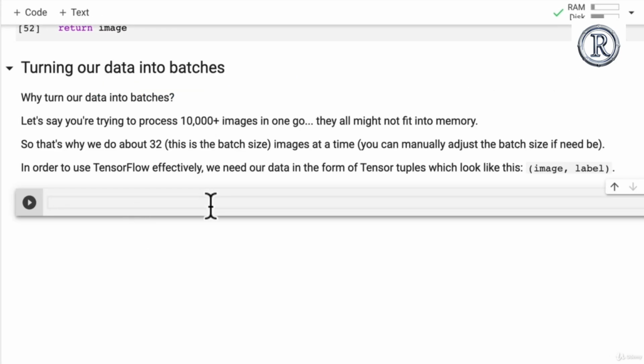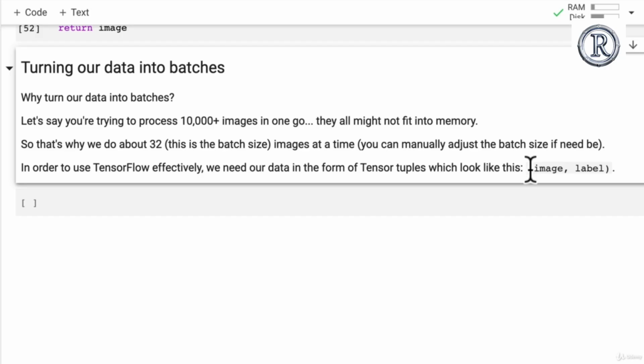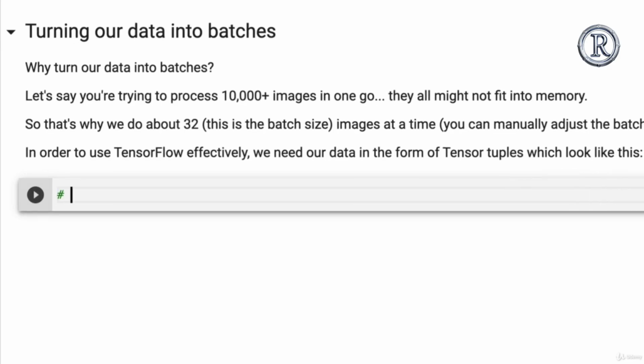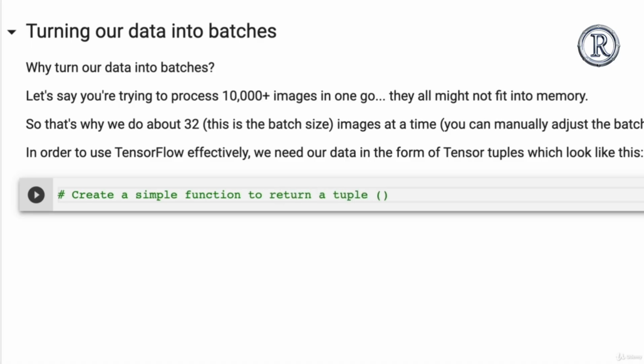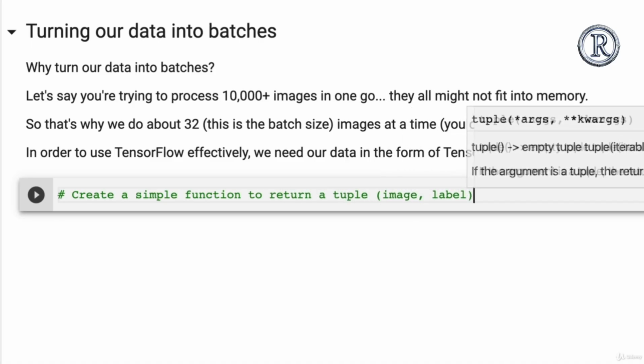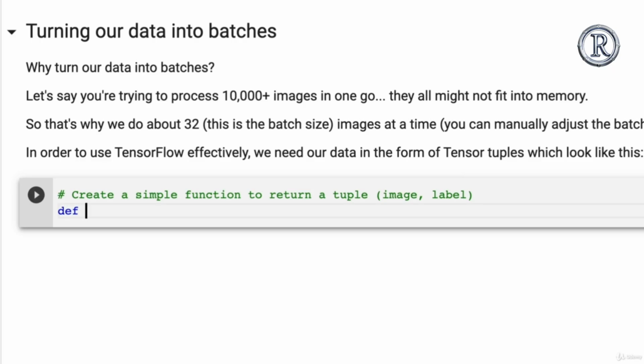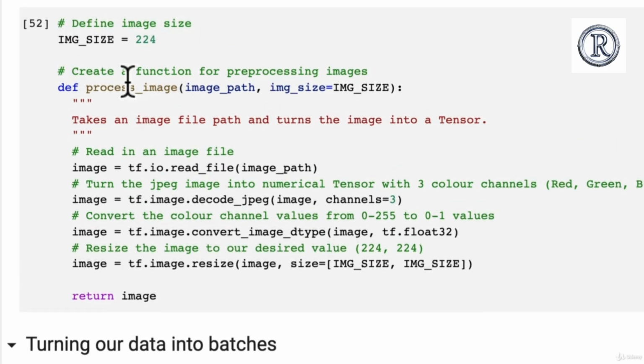All right. Let's build some functionality, but first we need a way to get tuples. Before we can turn them into batches of 32, we need to get a tuple that looks like this. So let's write a little function. Create a simple function to return a tuple of tensors. That rolls off the tongue nicely. So we want to go def get image label, because we've got a function here that's going to return our image.